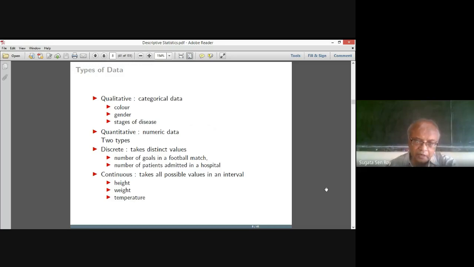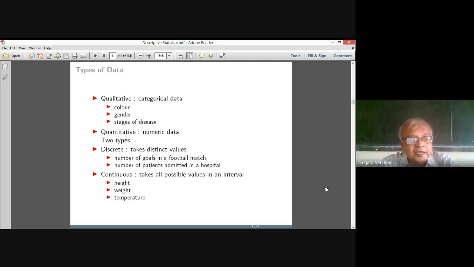On the other hand, quantitative data can be continuous. It takes all possible values in an interval, like height. There are some restrictions with the measuring instrument, but if you look at temperature, for instance, we generally talk about today's 27 degrees or 28 degrees.